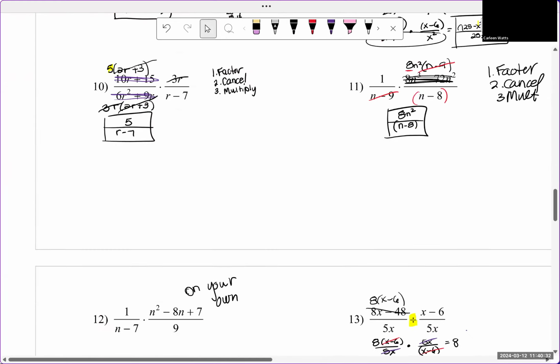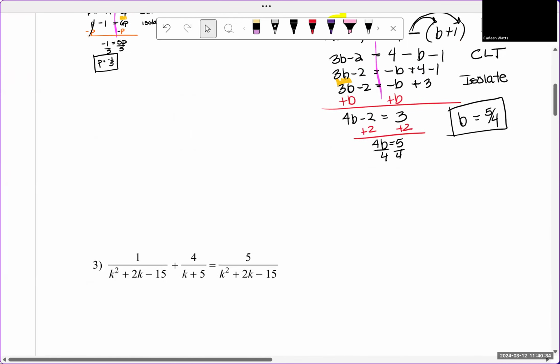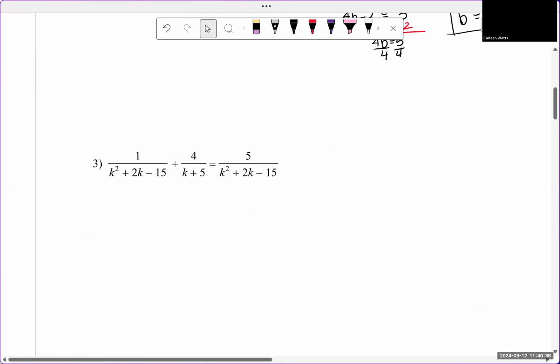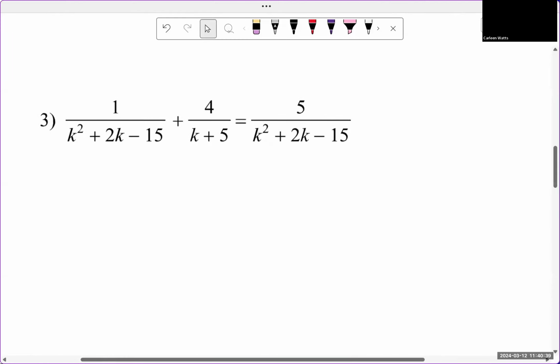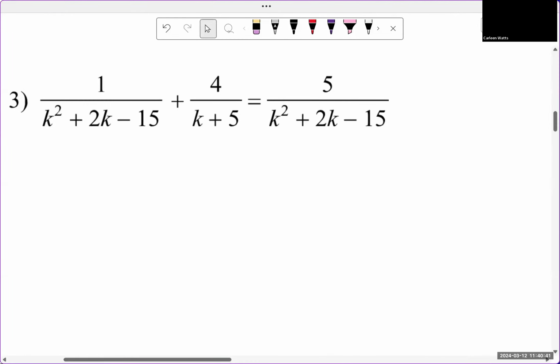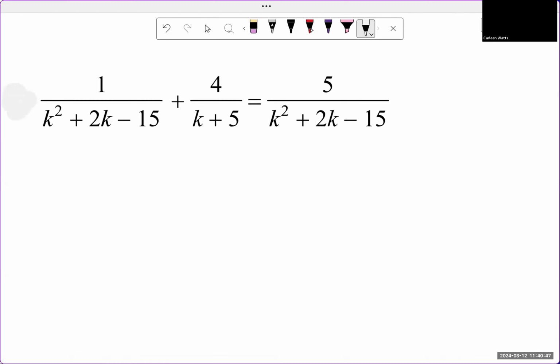Okay, now some of these I said do on your own. I want to do number 3 together because it's pretty hard. Back to number 3.